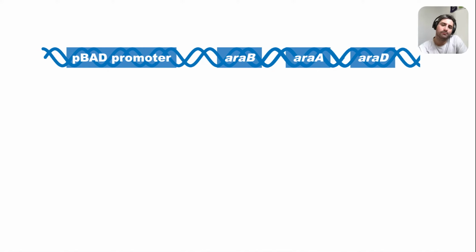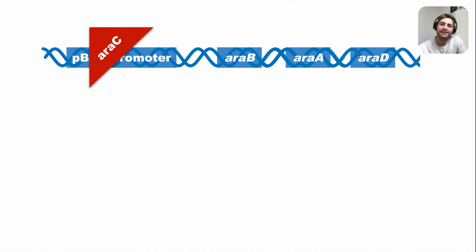And a bacterium might need to activate the pBAD promoter and transcribe those three genes in the Arabinose operon when it does not have access to glucose, and it does have access to arabinose.